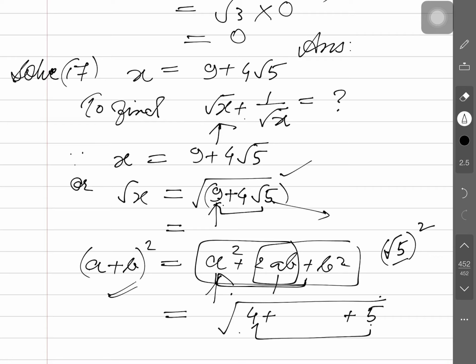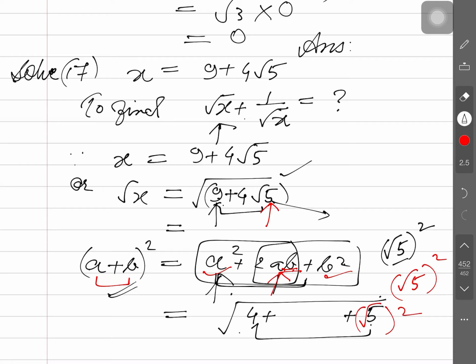Because in the middle term, ab means both terms appear in it, and it comes once, with its sign and with its original value. So root 5, here the term you may see, this is root 5.